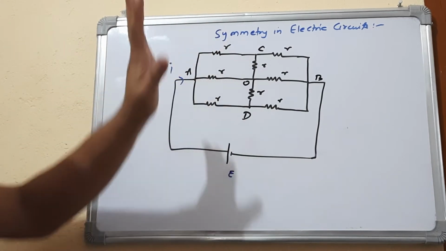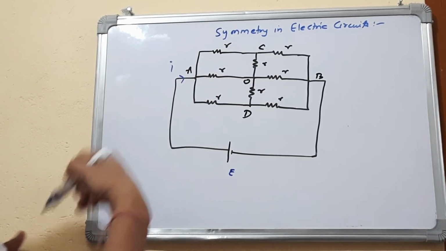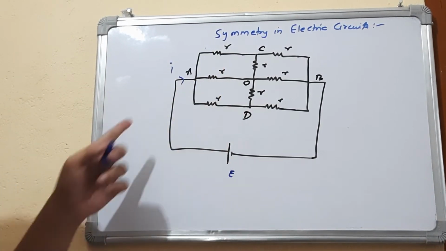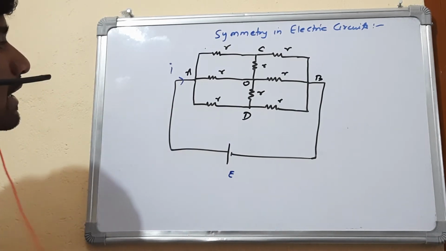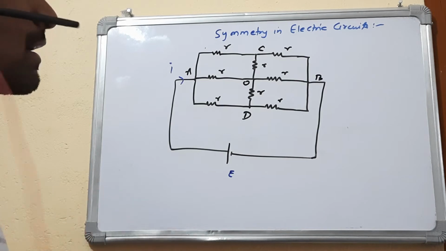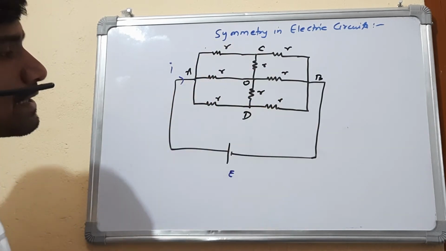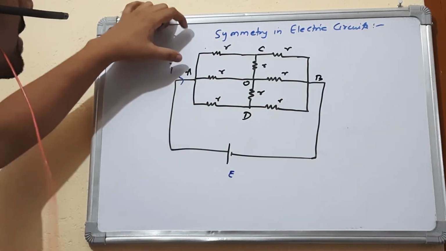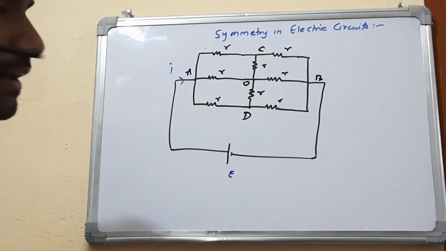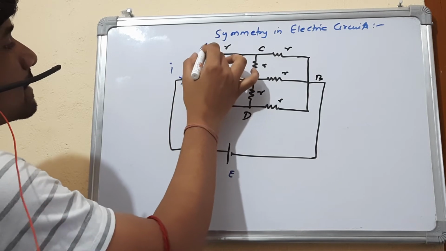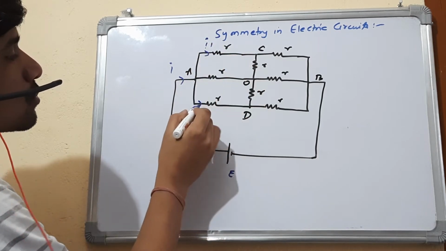This is the first branch, second branch, and third branch. If you see, the two branches AC and AD are symmetrical. So whatever current enters the top path AC is the same which will go through AD. So let's say I1 goes through AC and I1 goes through AD also.